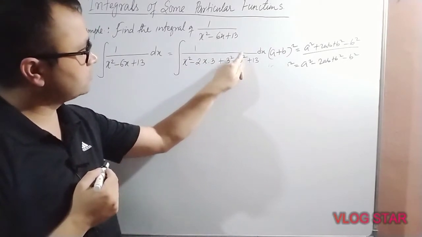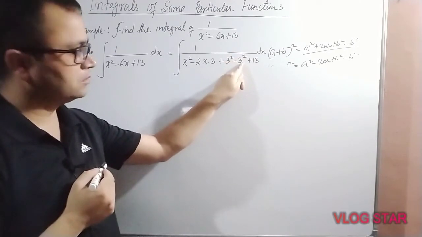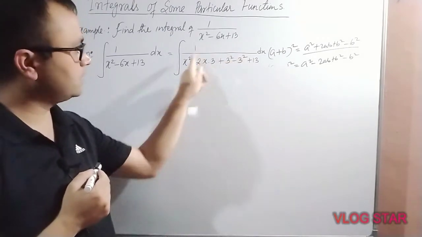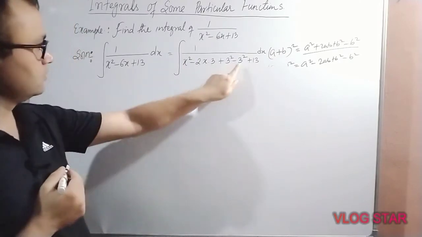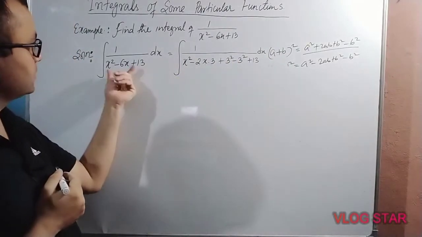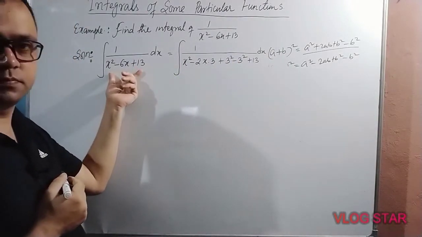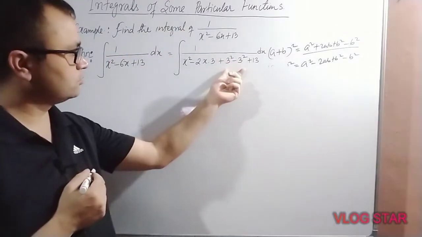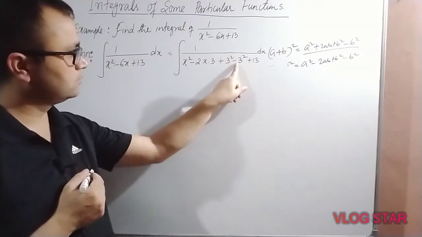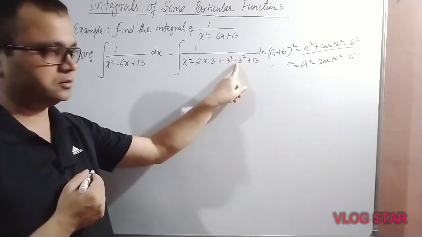Okay, look here. A square minus 2ab plus b square minus b square. Why do we put minus b square here? It is for balancing this equation. If you cut these two, you will get the same equation. For balancing, we will put minus 3 square here.